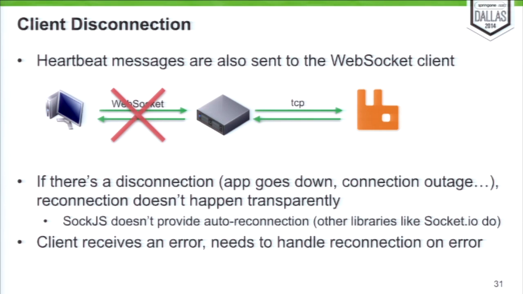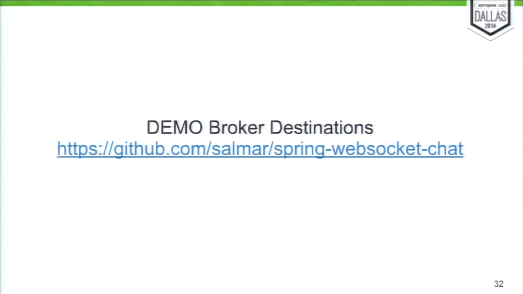That means the reconnection on the client side needs to be done by you. Whenever we get a disconnect, you'll have to reconnect yourself. You're going to get a disconnect error, intercept that error, and implement the reconnection logic, which is quite simple, but you'll have to do it manually because on the client side, we won't have that support.